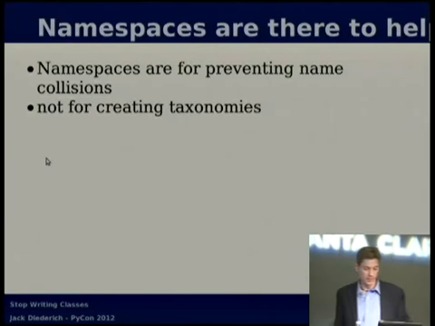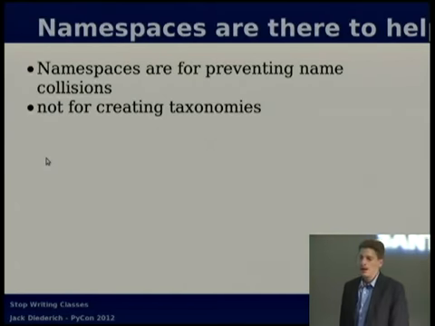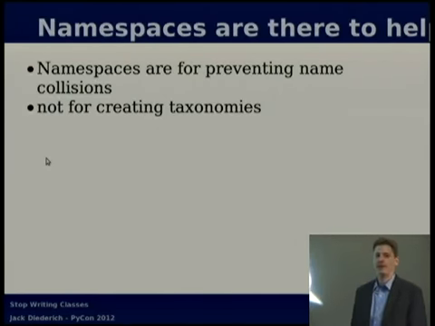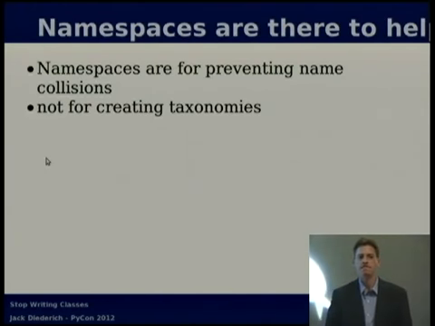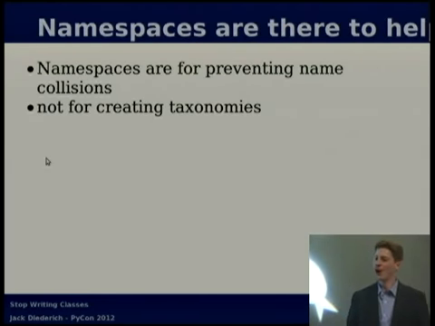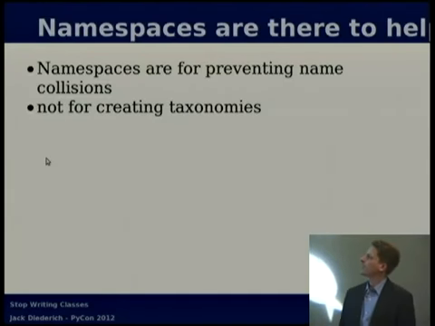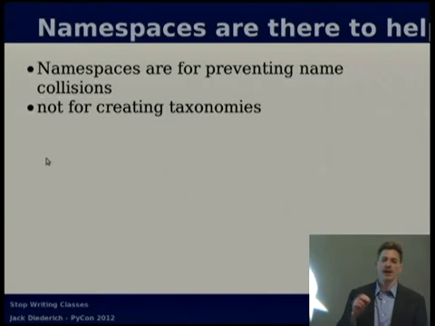So, to echo what Raymond said, namespaces are not for creating taxonomies. If you come from Java, you probably think they are. Namespaces are for preventing name collisions. If you have a deep hierarchy, you're not doing anyone any favors.